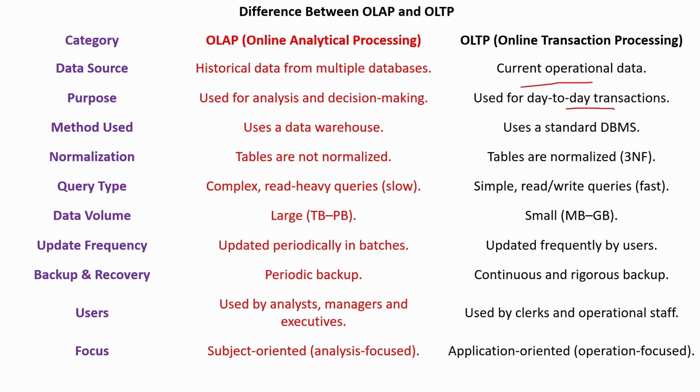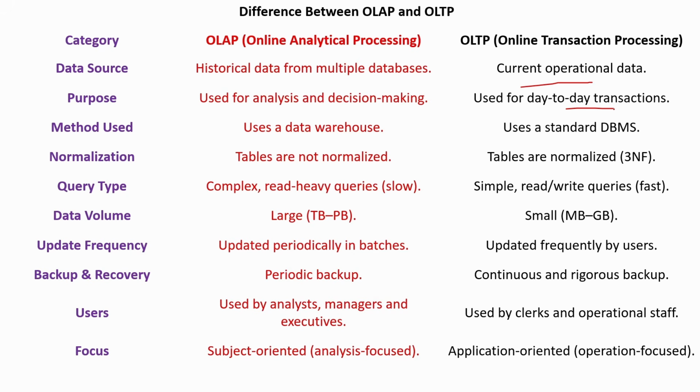Now, the query type: an OLAP system is very read heavy and able to handle complex queries, but an OLTP system is used to read and write with simple queries. That's why OLTP systems are very fast and OLAP systems are slower in nature.